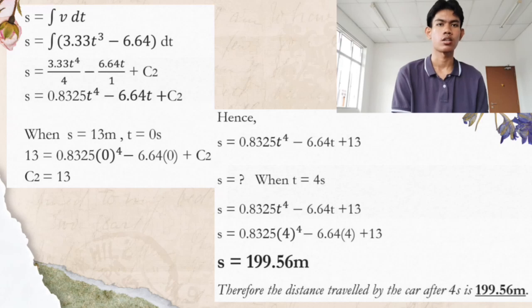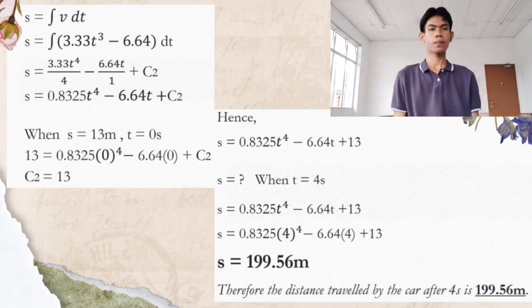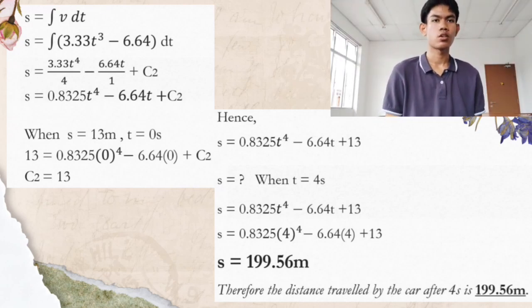Hence s equals 0.8325t to the power of 4 minus 6.64t plus 30. s equals 0.8325t to the power of 4 minus 6.64t plus 30.